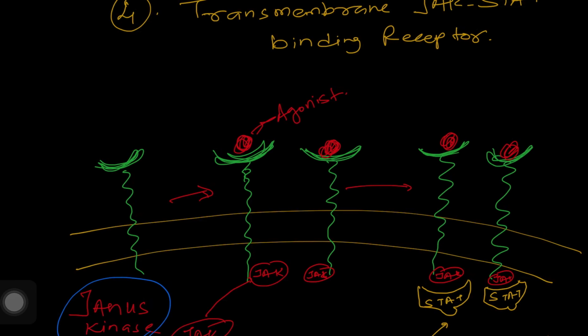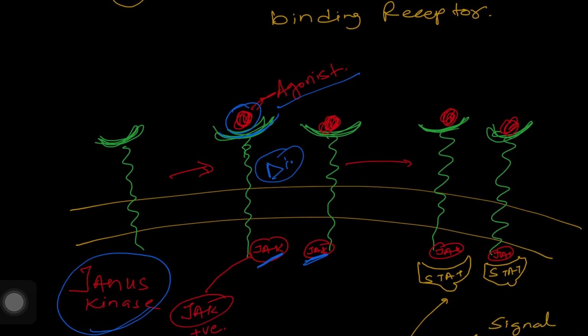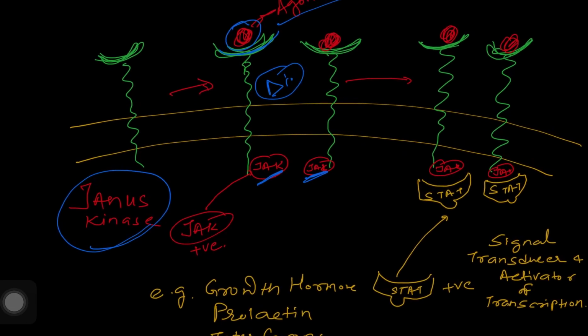So these are again the same kind of receptor, where outside the cell there is an agonist binding site, but inside the cell, in place of tyrosine kinase, there is the Janus kinase enzyme, and on activation with agonist, after the dimerization, Janus kinase activation is carried out. But here one more step comes into the picture, that is the role of STAT.